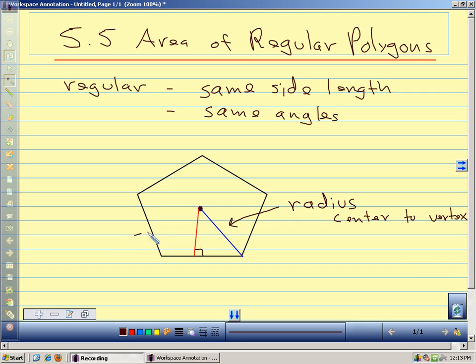The red segment is called the apothem. And the apothem goes from the center to the middle of a side.